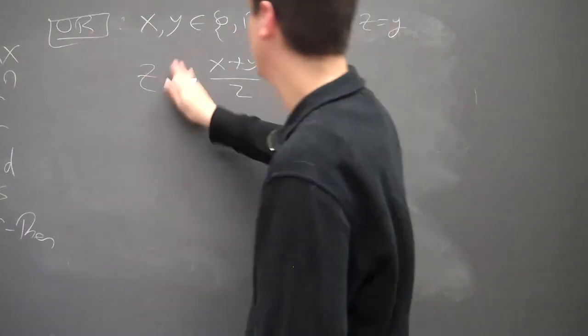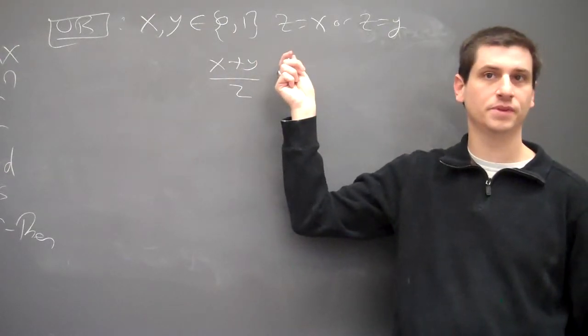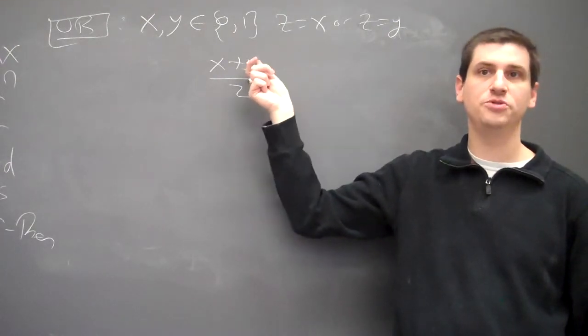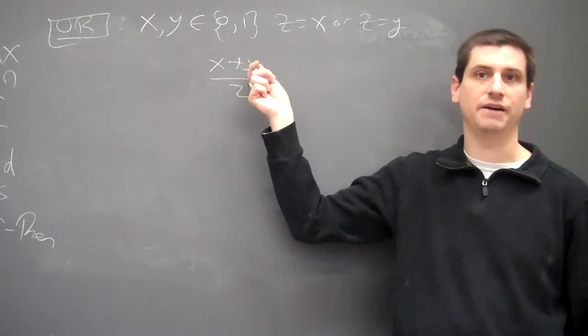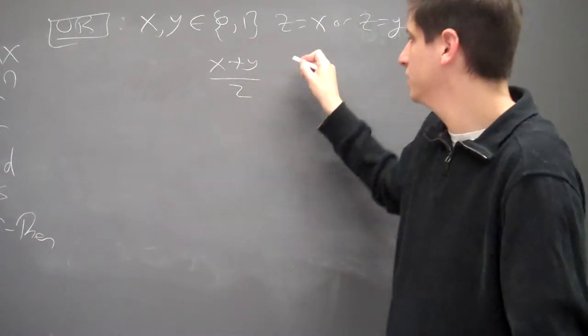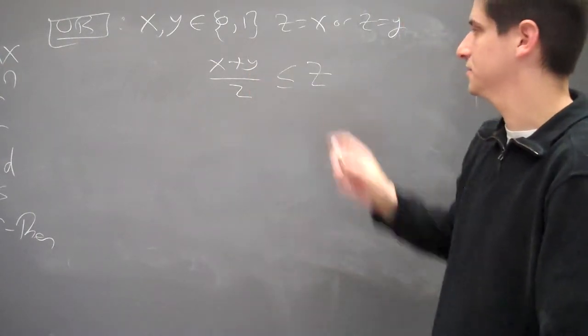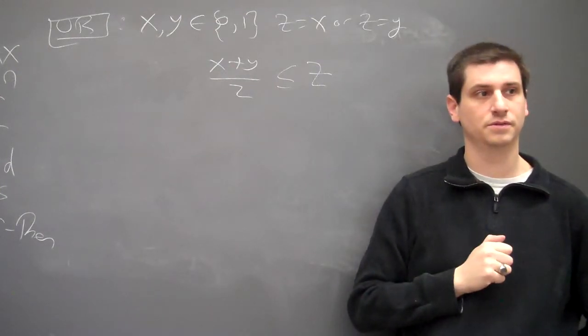So if we looked at x plus y over 2, if they're both 1, it's going to be 1. If they're both 0, it's going to be 0. If they're mixed, it's going to be 1/2. So what if I took something like this? Then you get a problem when both are 0.